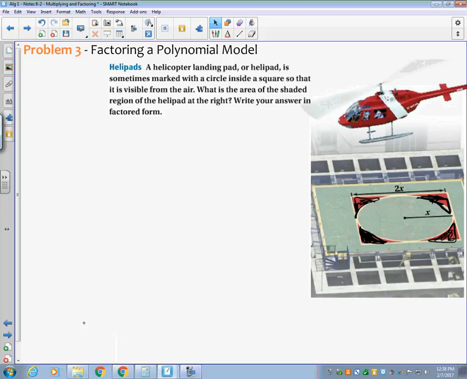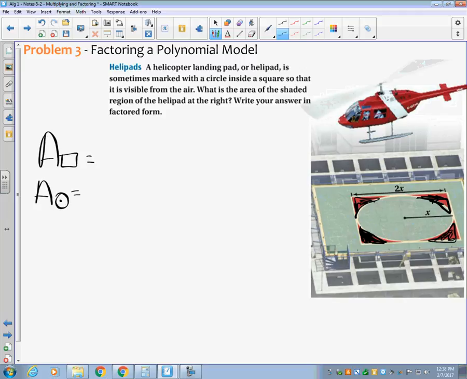Okay, so when we look at the helicopter shape, we need to find the area of a square, and we need to find the area of a circle. The area of a square is its side s squared. The area of a circle is pi times its radius squared.